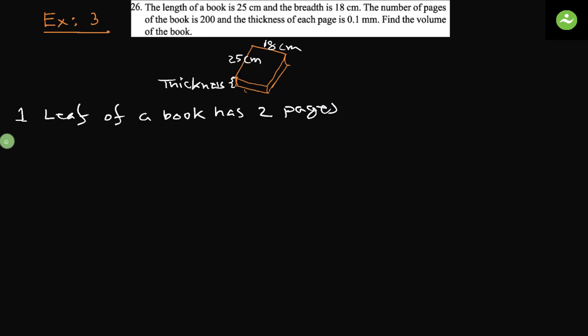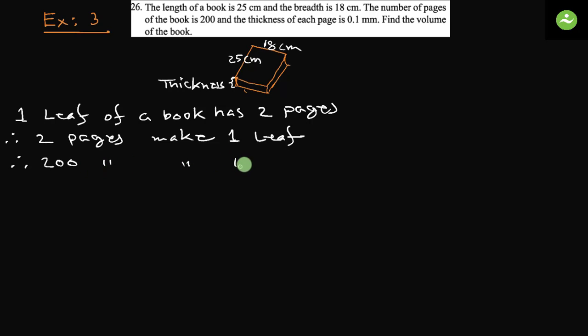Therefore, we can say 2 pages, 1 leaf. So there are 200 pages. 200 pages make 100 leaves.